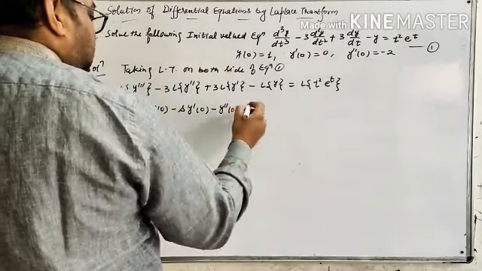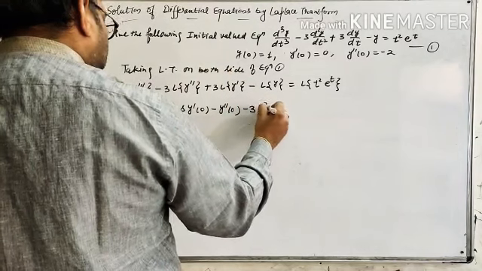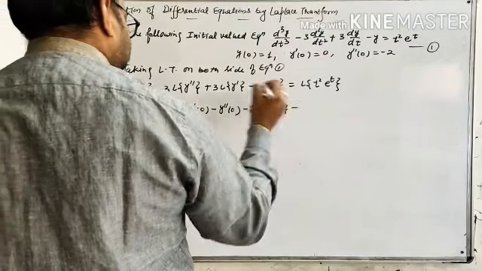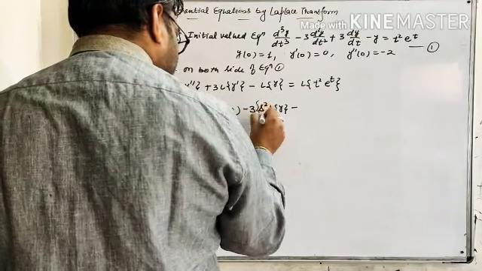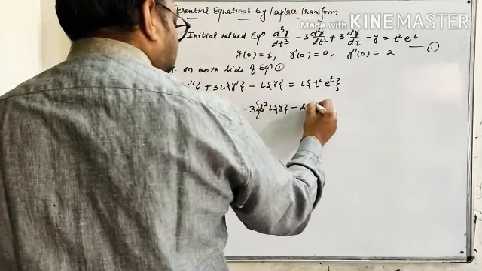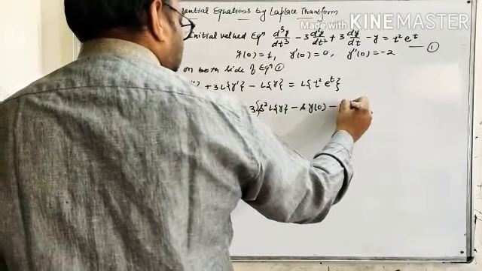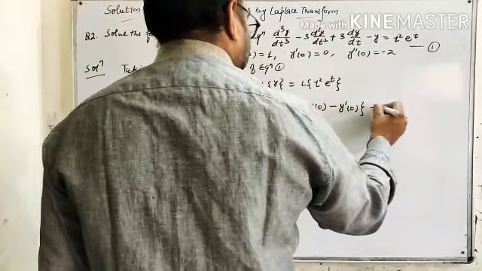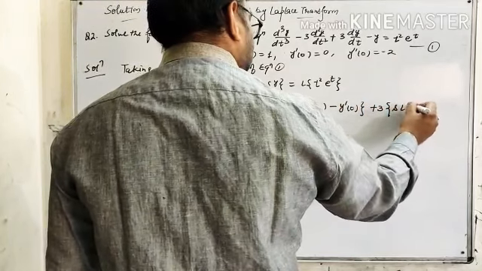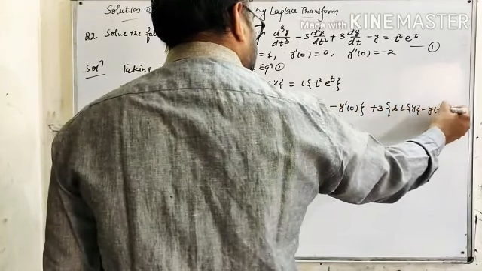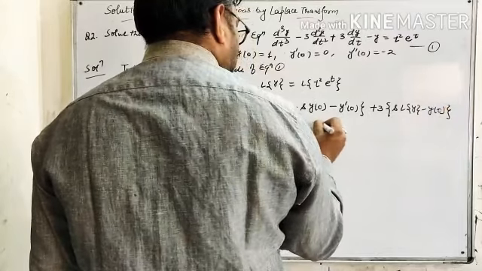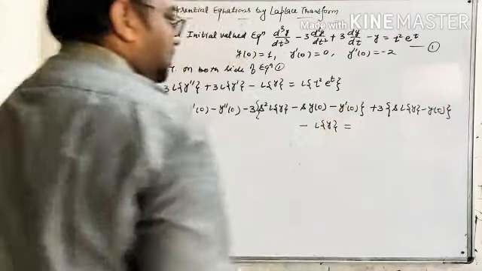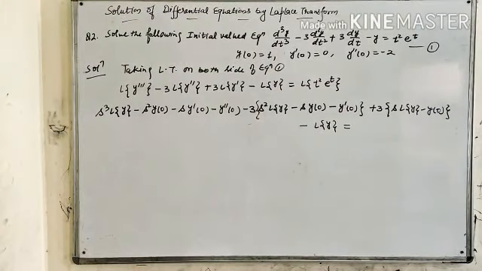The Laplace of y double dash is s square Laplace of y minus s y(0) minus y dash 0, and Laplace of y dash is s Laplace of y minus y(0), minus Laplace of y is equal to Laplace of t square e raised to power t. So this is in the form of e raised to power t f(t).